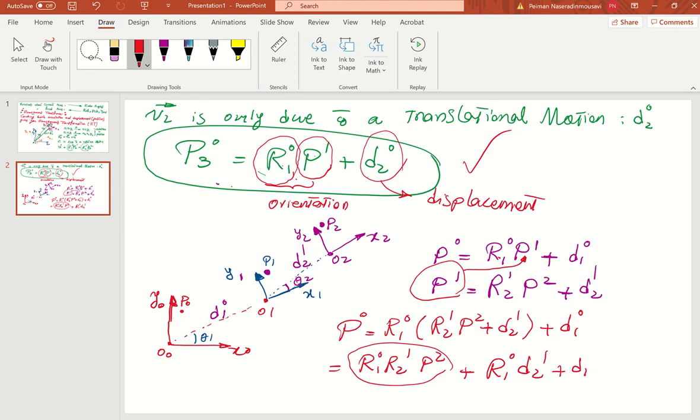Plus D1 with respect to 0, because D1 is already expressed in X0, Y0. So this is the translational part, and this is the rotational part.